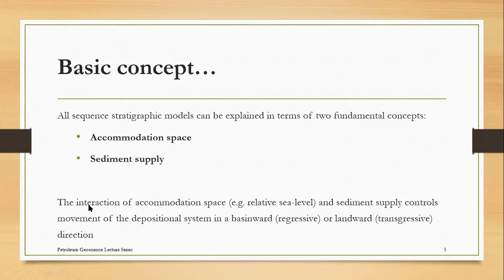The interaction of accommodation space, that's your relative sea level, and sediment supply controls the movement of the depositional system, both in the basinward direction, that will be your progradation, and the landward direction, that will be your retrogradation. Just for emphasis, progradation is what some people call regression. Retrogradation is what some people call transgression, right?